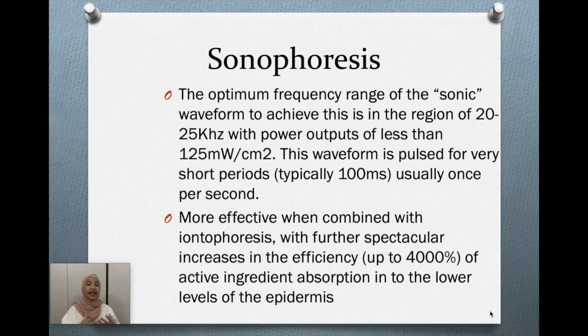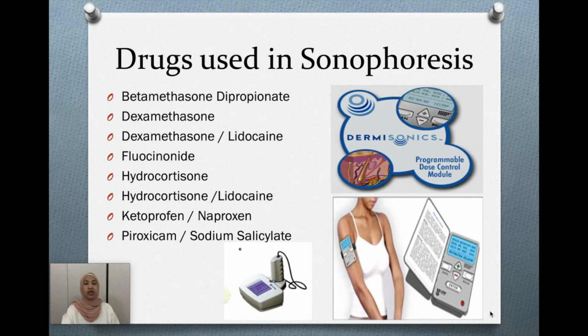You can get absorption up to 4,000% more than if you use each of the devices individually. Drugs used in sonophoresis, quite a few: betamethasone, dexamethasone, fluocinonide, hydrocortisone, ketoprofen, and piroxicam. This is how the device looks.